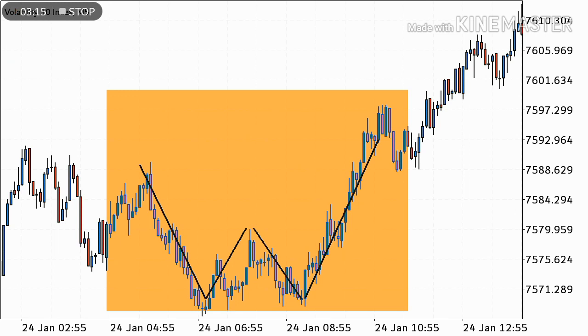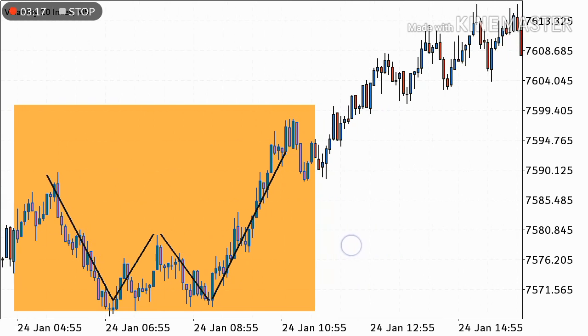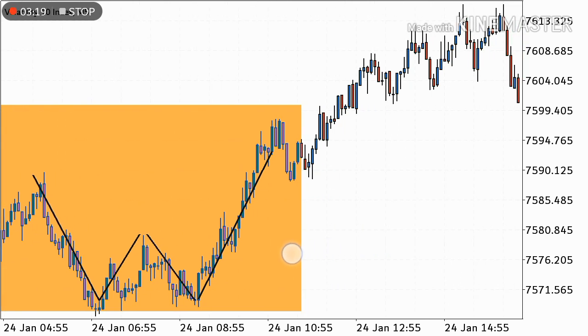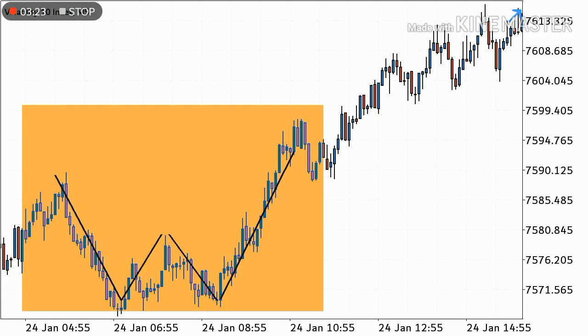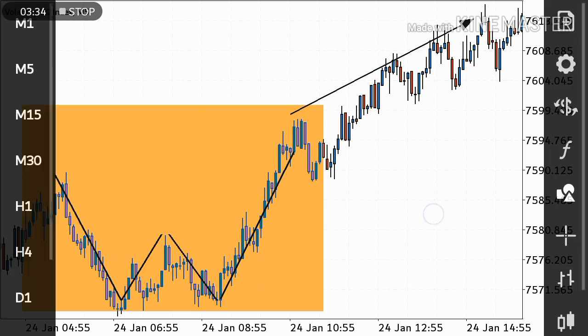And look here, after this signal the market moved up. Look at that uptrend, and how many pips you make without any indicator, without any strategy. Look how much profit.